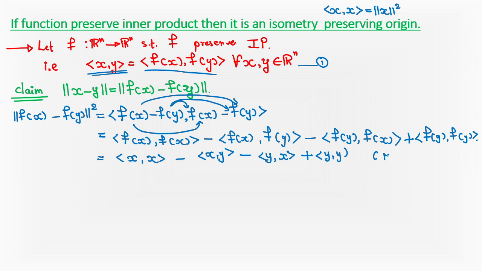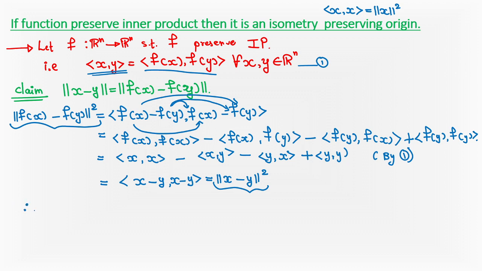We can do this by our assumption, right? So this is the same as the inner product of x minus y with x minus y. If you open this inner product again, you get the same thing. The inner product of something with itself is equal to the norm of it the whole square. You started with this norm square and found it is the same as this.